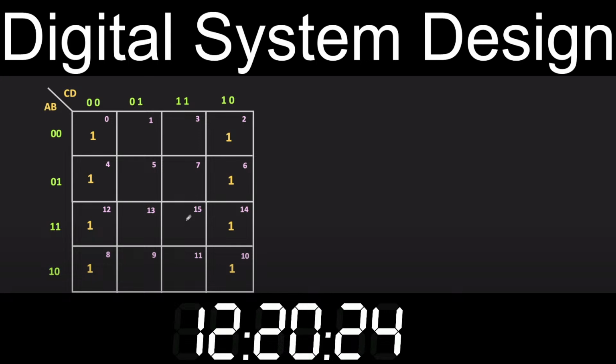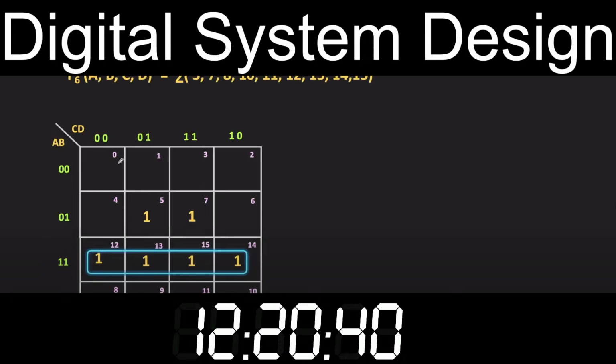So now we understood this function. If you see, then we can make the group of these four ones which is in the same row.